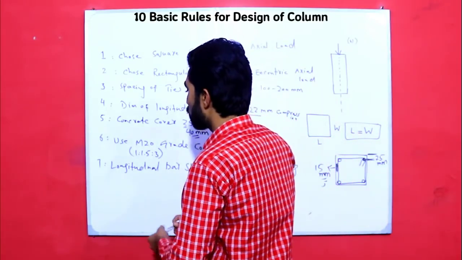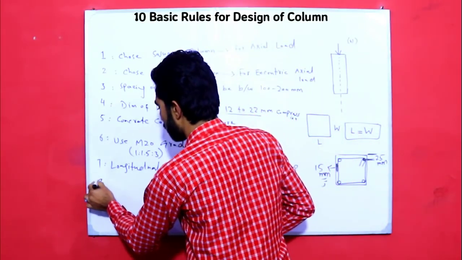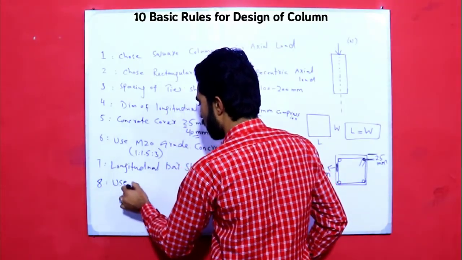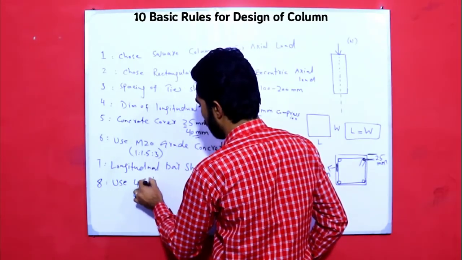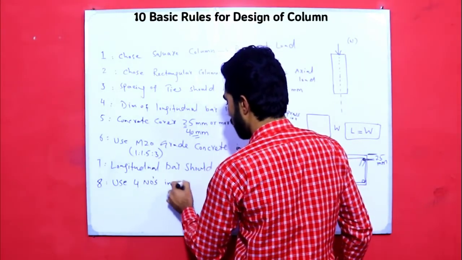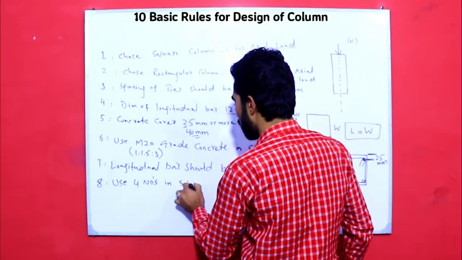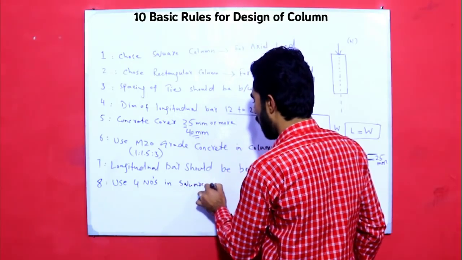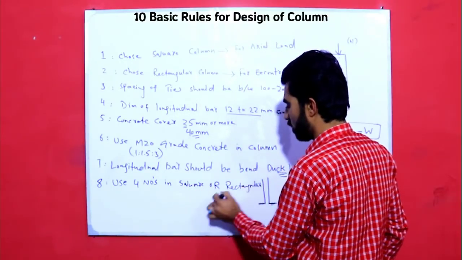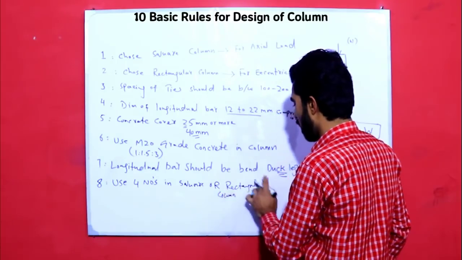Now guys, the eighth one is use 4 numbers steel bars in square or rectangular column, okay.